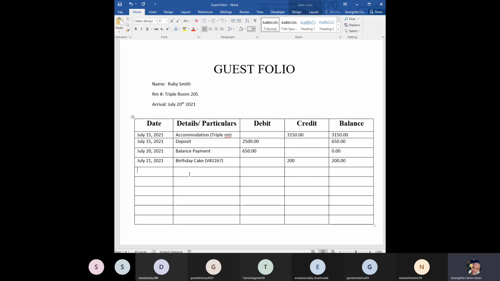All right, good. What's the next thing that we put in on the folio? A bottle of champagne. All right, good. Champagne, what's the date for the champagne? The 22nd of July.